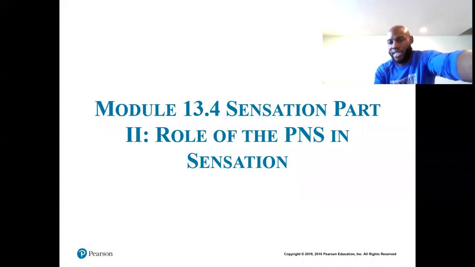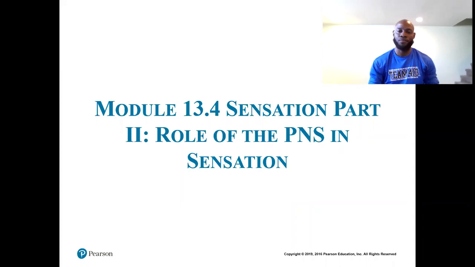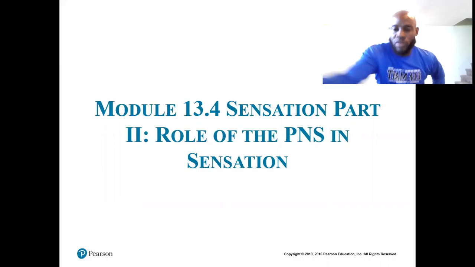So hello again, class. We're here doing chapter 13, part 4. We're talking about the peripheral nervous system and the role that it plays in sensing and in connecting our central nervous system to our external environment, right?